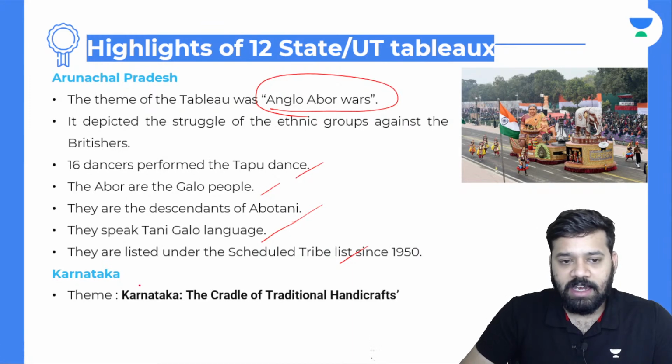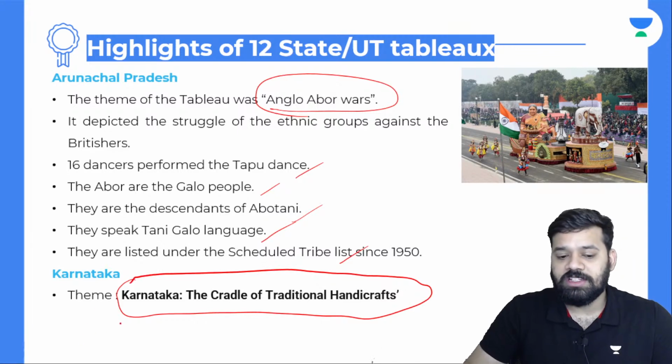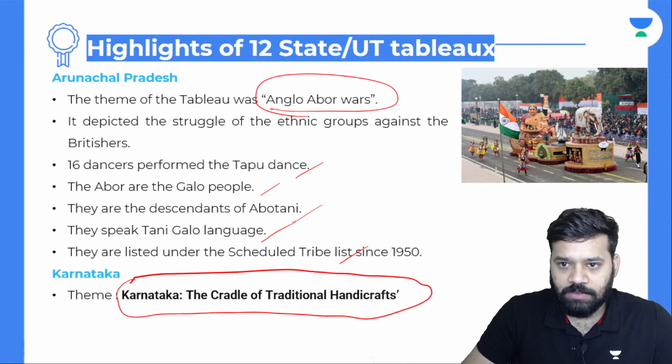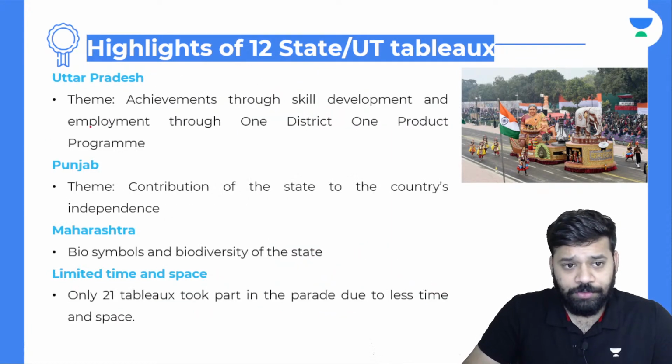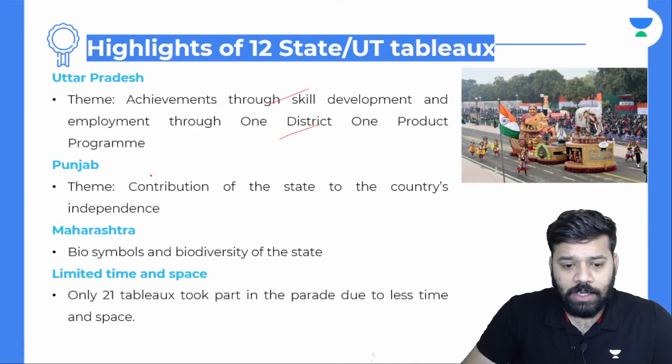And in Karnataka, the theme was Karnataka, the cradle of traditional handicrafts. We see a lot of handicrafts in Karnataka, so that is the theme of the Karnataka tableau. Going forward in Uttar Pradesh, the theme is achievements through skill development and employment through One District, One Product. And Punjab, the contribution of the state to the country's independence.